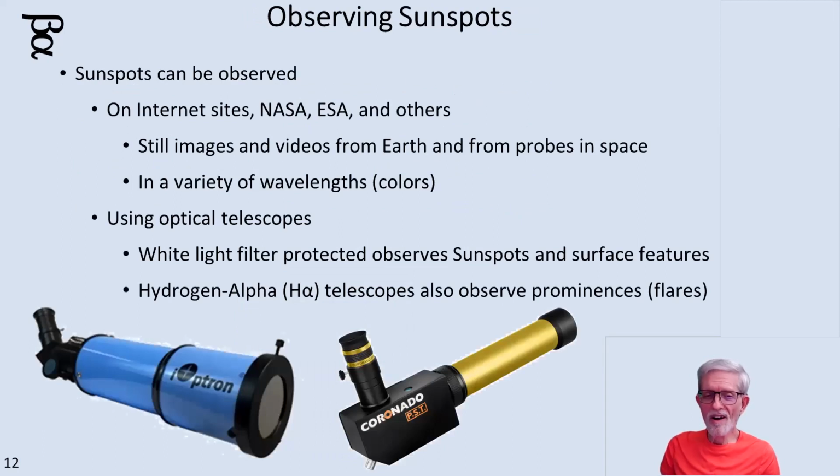The best place of all, unless you're into the personal gratification of observing them live, is on the internet. NASA, the European Space Agency, and others have all kinds of probes out there. They have dedicated telescopes for just staring at the sun, and they have all the latest images. In fact, if you just Google solar weather, you'll find that NASA maintains a daily solar weather forecast.